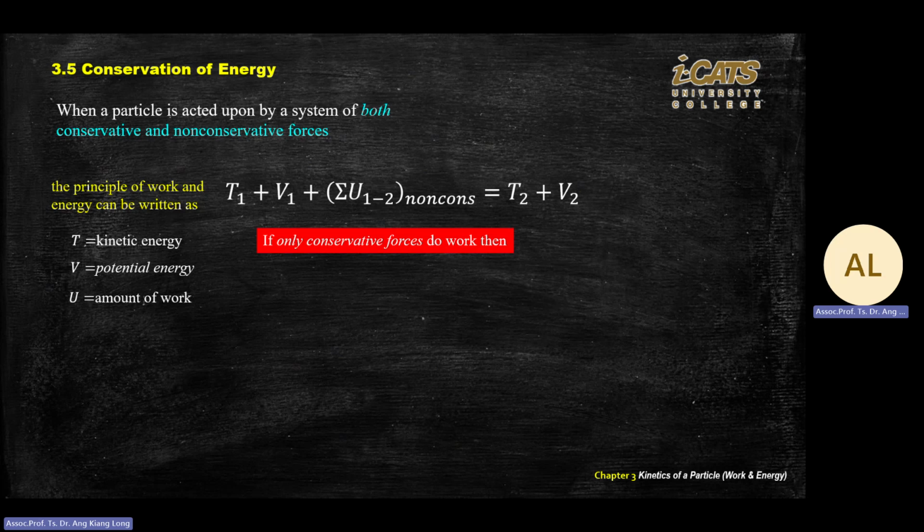So if the question asks you to calculate this one, you get one answer. Section C or section D of the question asks you to consider conservation of force and energy in your answer. Only then you rearrange the equation and you cancel out the non-conservative part. You will get T1 plus V1 equal to T2 plus V2.